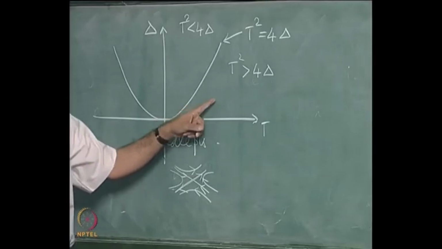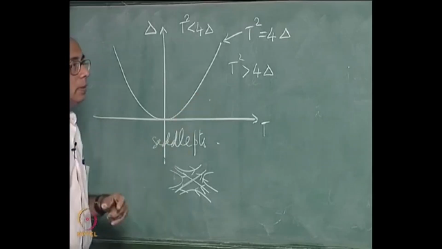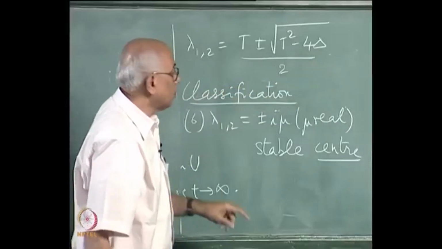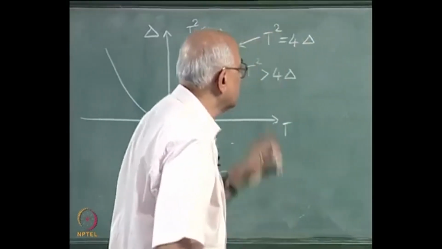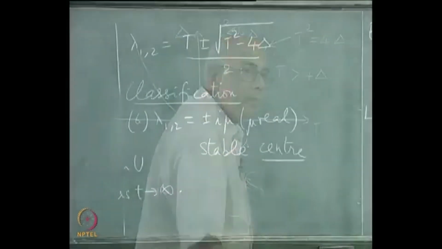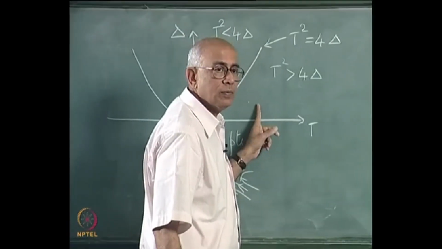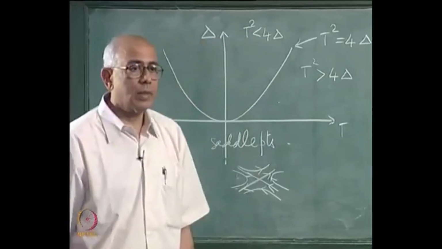What happens when you move up here? If you are here, say T squared is greater than 4 delta certainly, but what happens now to these eigenvalues? Both are positive? It is unstable, this place is unstable, but what sort of unstable point do you have?